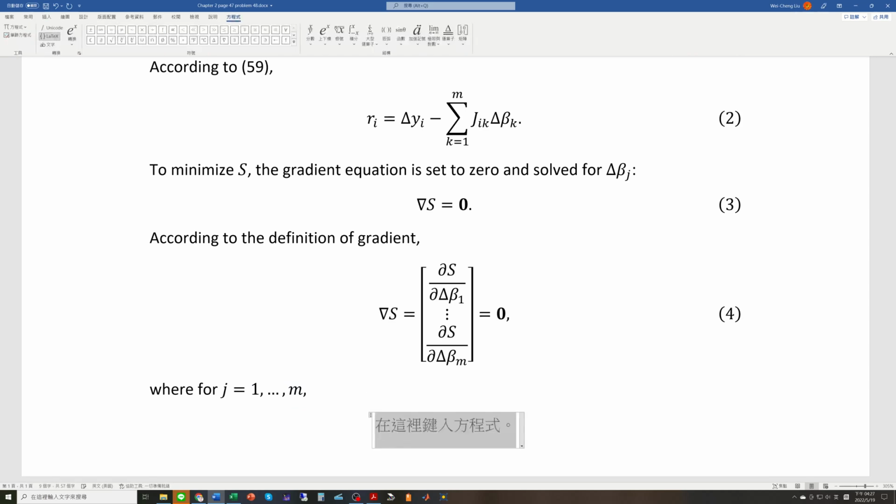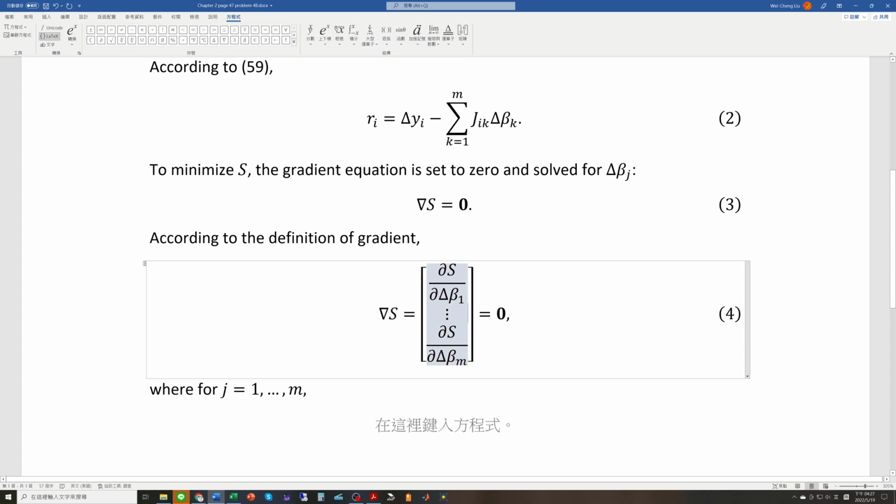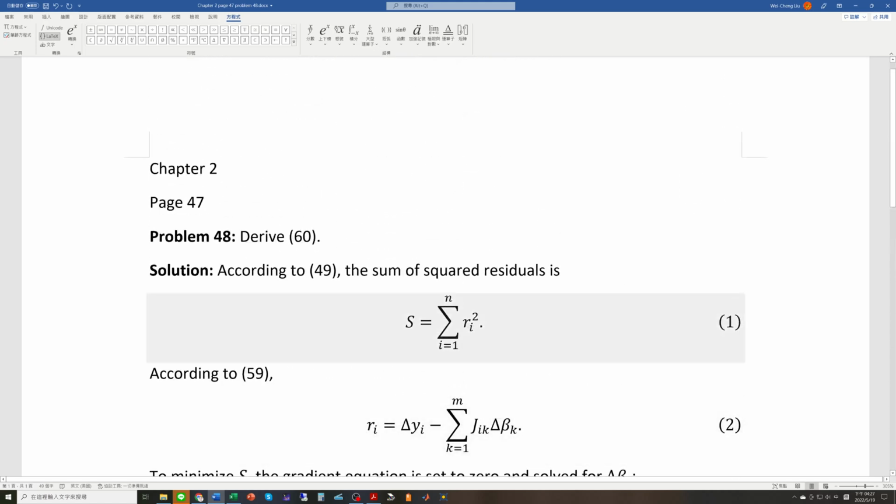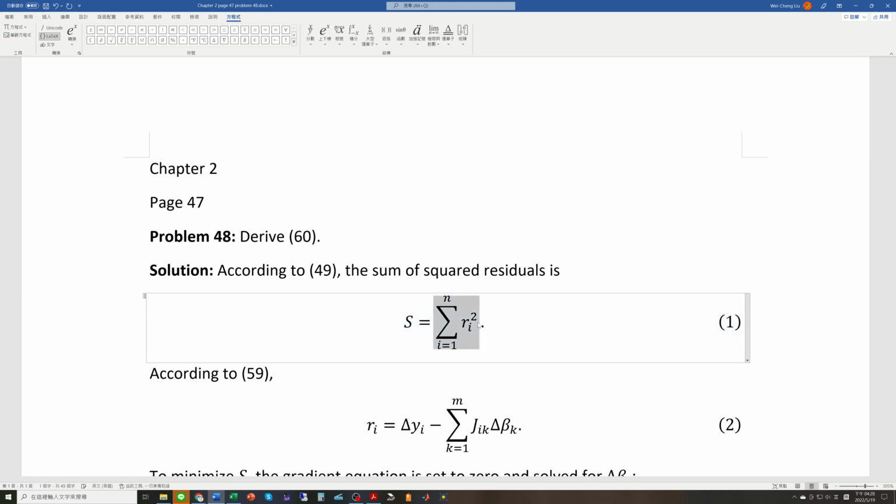Now we need to find the partial derivative, this partial S over partial delta beta J, which is equal to partial over partial delta beta J and summation of this term. S is equal to this term. Let me select it.